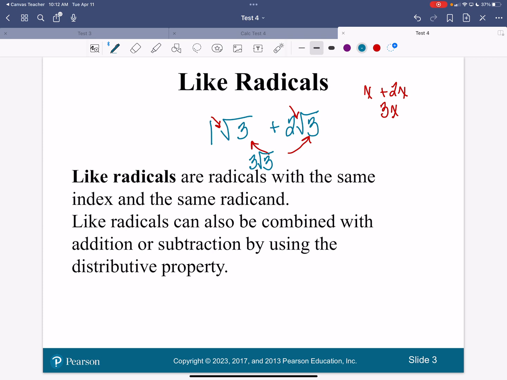So that is how radicals work for adding and subtracting. Like radicals are radicals with the same index and the same radicand. Like radicals can also be combined using addition or subtraction by using the distributive property.